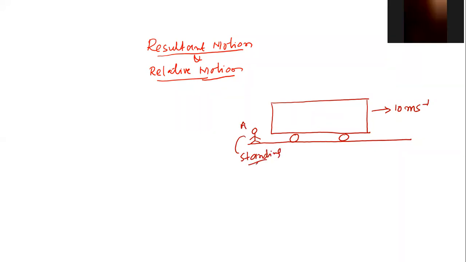This is observer A. There is an observer B inside the carriage. He is also standing inside it.